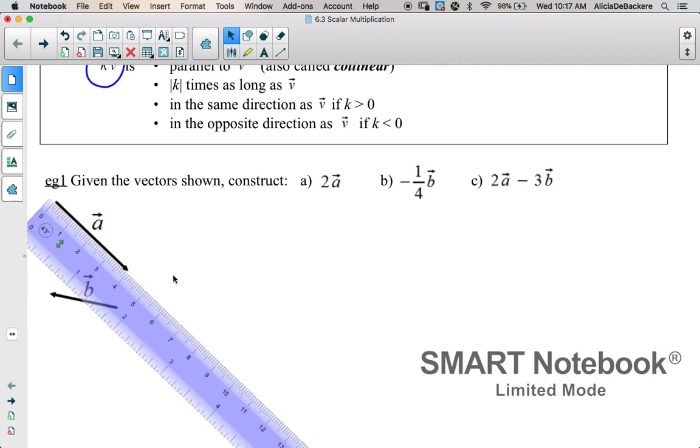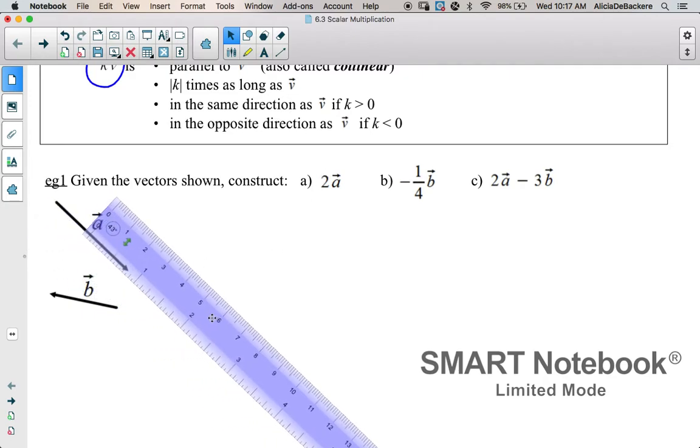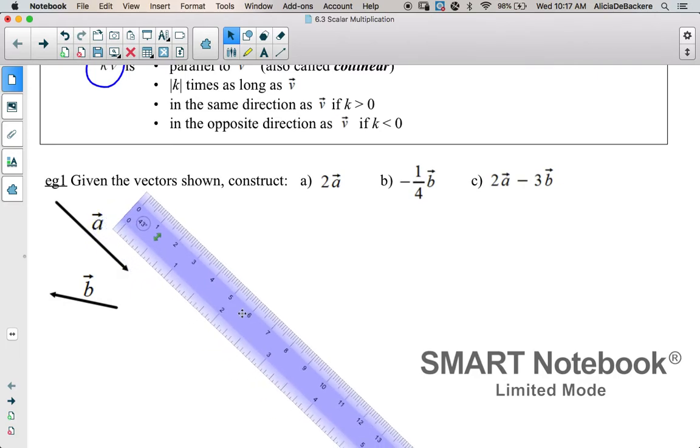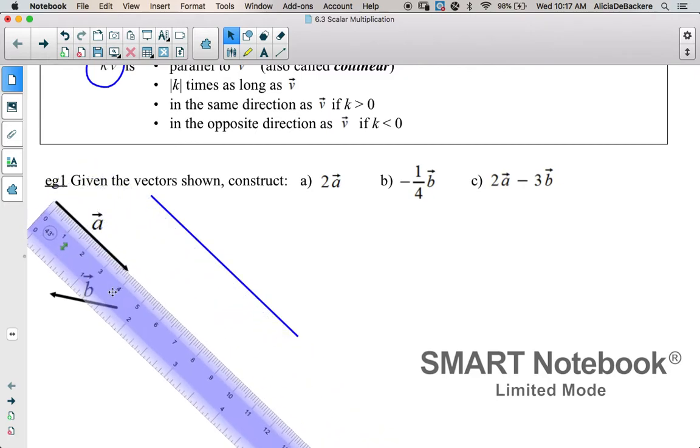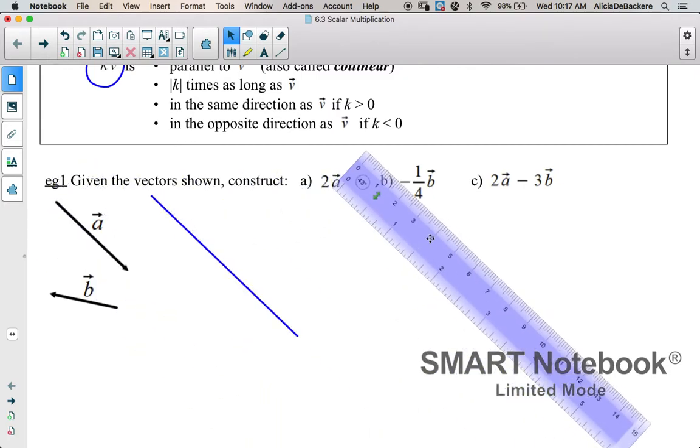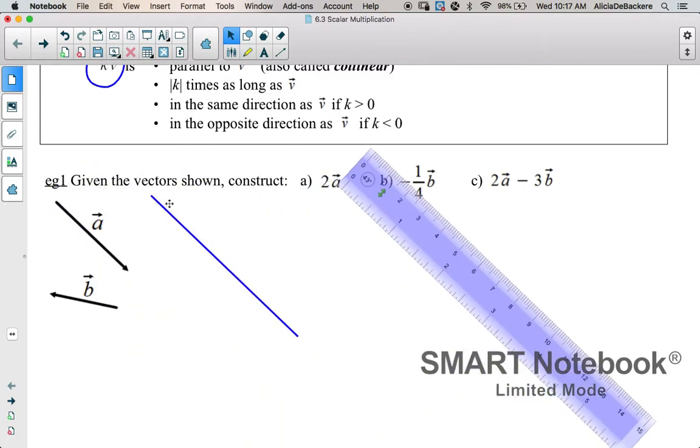So it's going to have double the magnitude, but it's going to go in the same direction. So I'm not changing the angle of my ruler. I'm just sliding it over, and I'm going to go twice as long. So it was 4 centimeters. Now I've got one that's 8 centimeters. It was 4, right? I'm just going to double check. Yeah, it was 4.